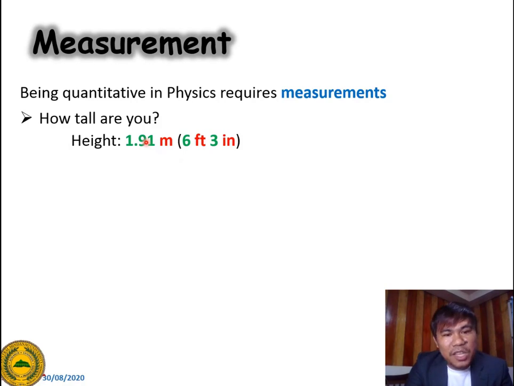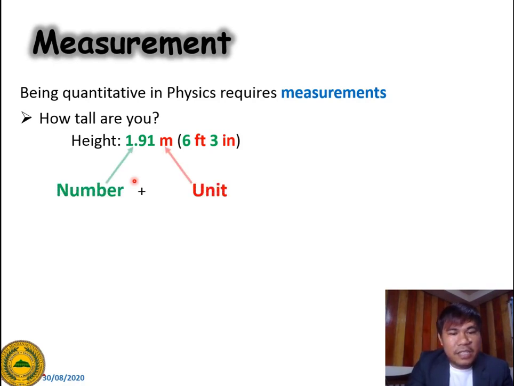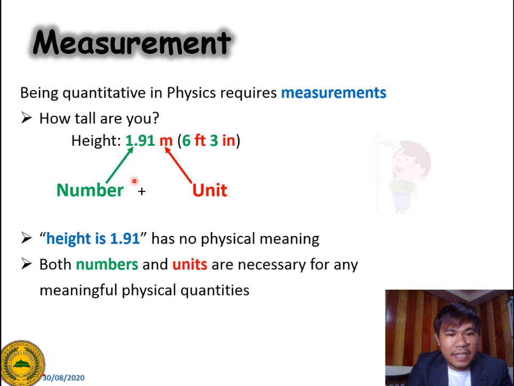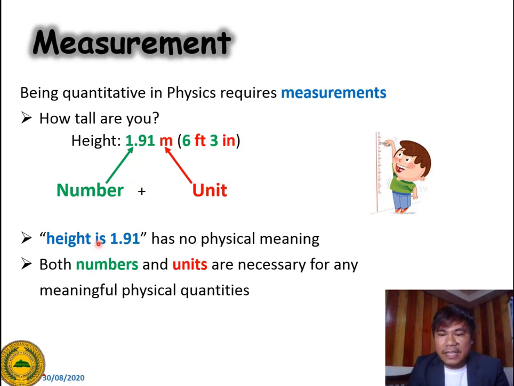So we have 1.91 meters. Now, if we describe this height by just saying that height is 1.91, it's incomplete.